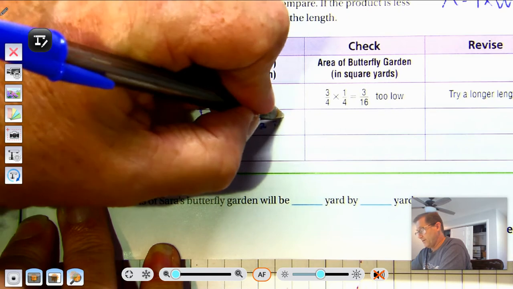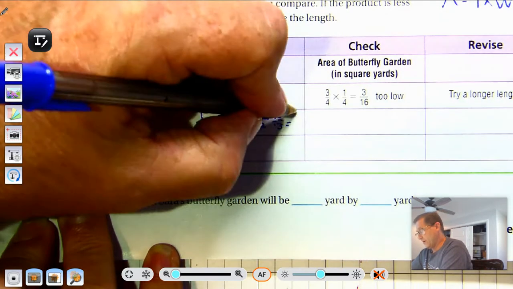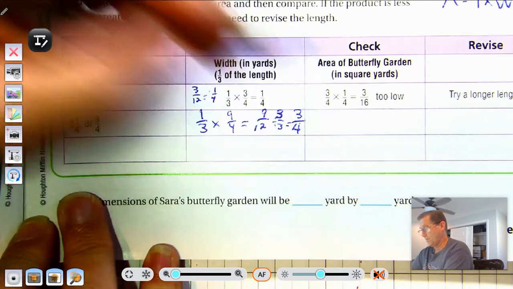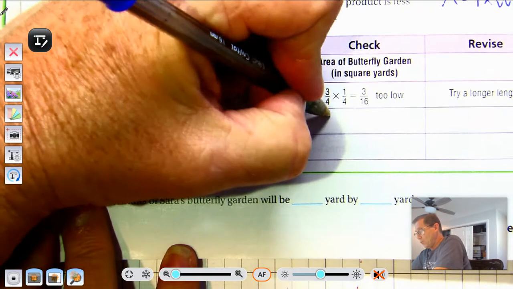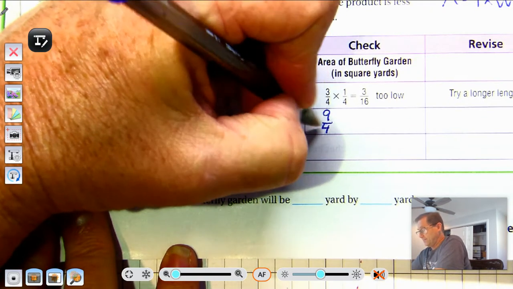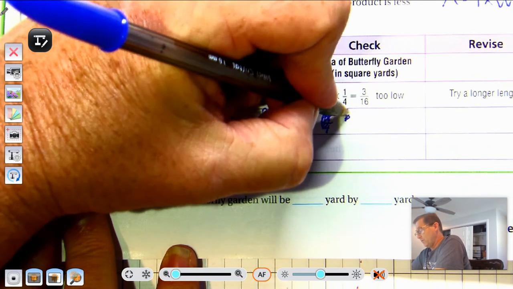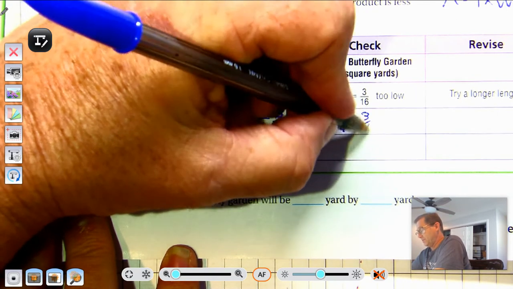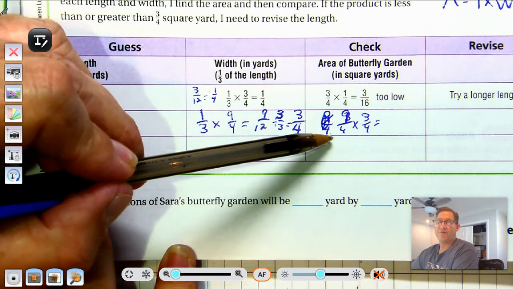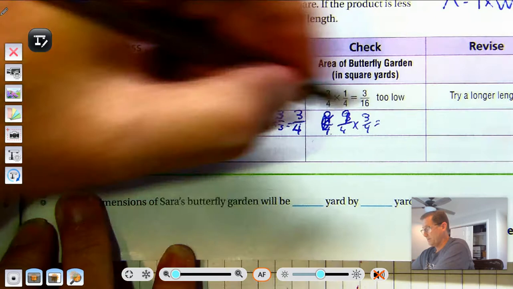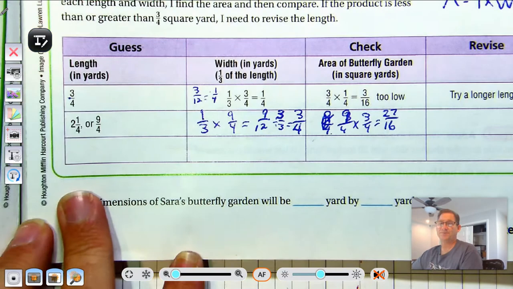I can reduce by a factor of 3: 9 divided by 3 is 3, and 12 divided by 3 is 4. Sorry, yes, I'm sorry. 9/4 times 3/4. If our length is 9/4, 1/3 of it would be 3/4. So if we multiply, we get 27/16.